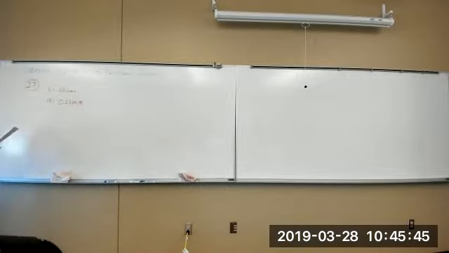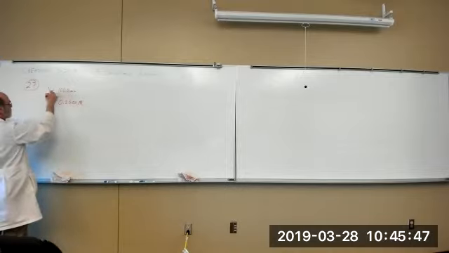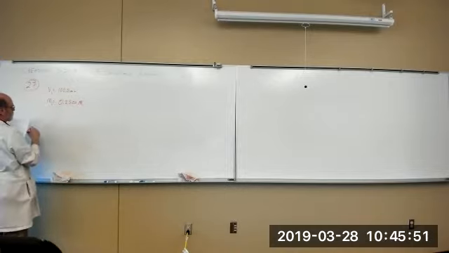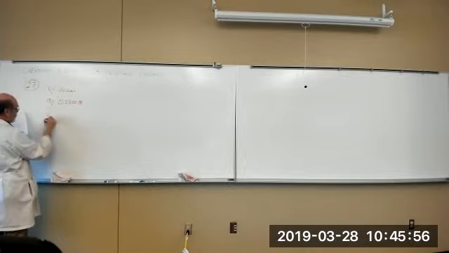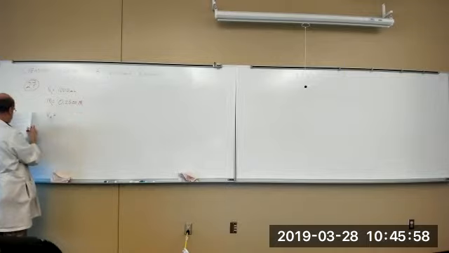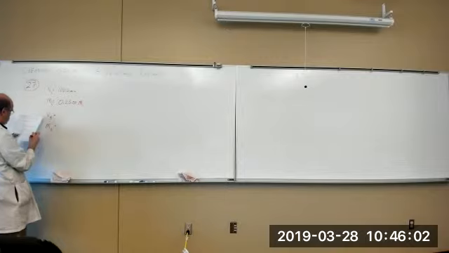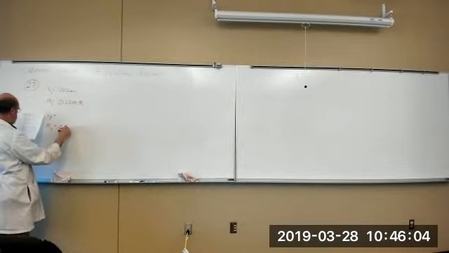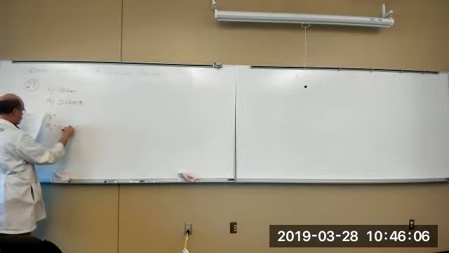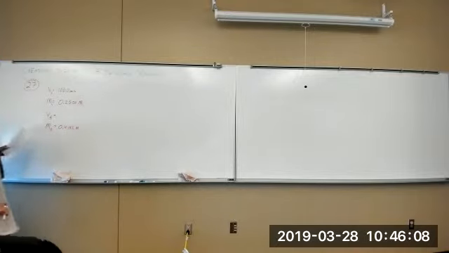This is the initial volume and concentration. The final volume, we don't know. But we do know the final concentration, which is 0.4142 molar. Okay. Now what's the question? How much water evaporated?